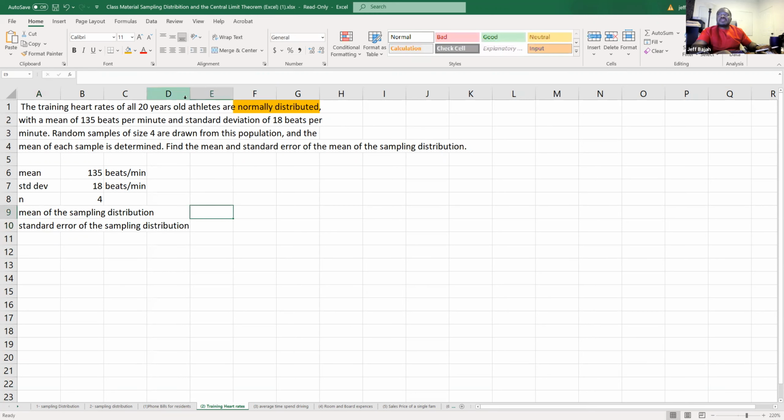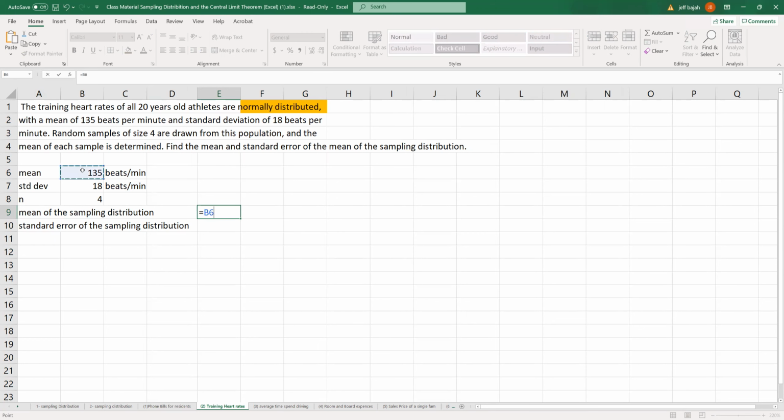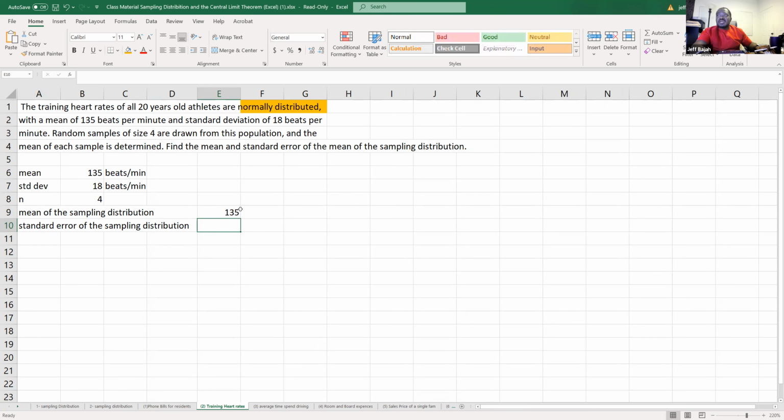All right. So what is the answer for the mean? What's the mean of the sampling distribution? 135. 135, that's correct. Okay. What is the standard error of the sampling distribution?